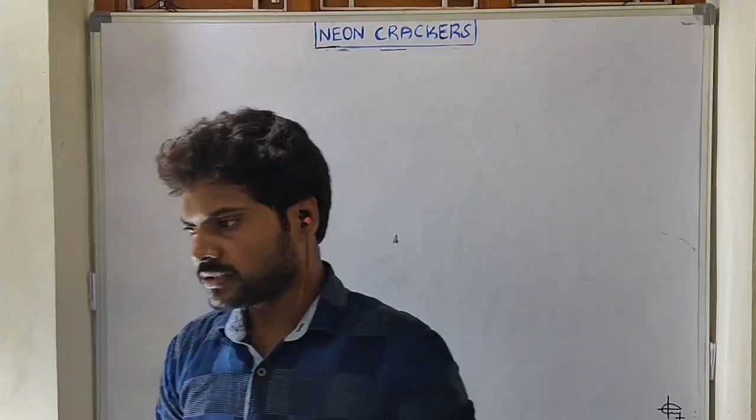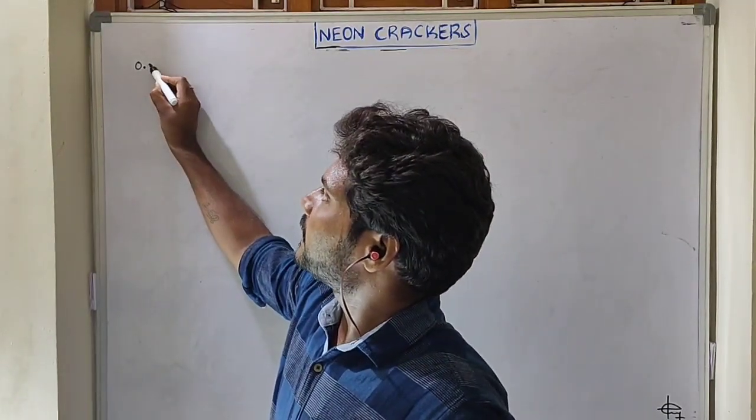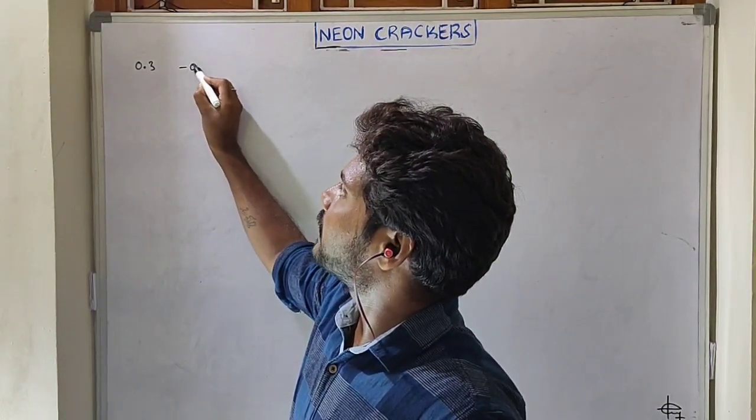Most of the time, the options for potential value questions are like this. Suppose 0.3 is one option, and another option is with a negative sign.